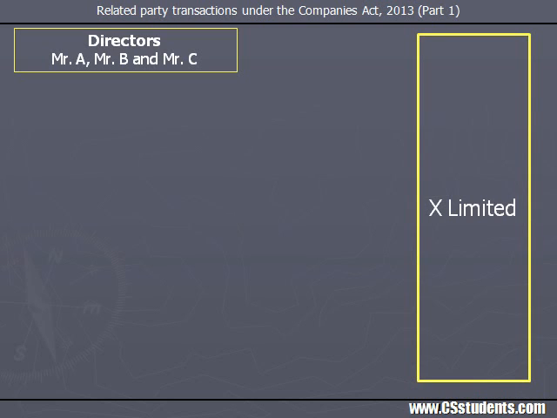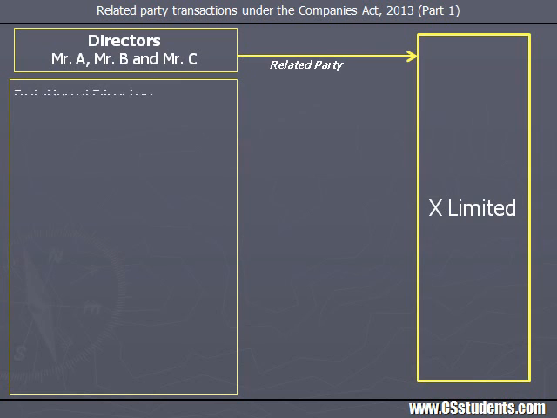So, as per the definition, with regard to X Limited, all the directors Mr. A, Mr. B and Mr. C are related parties. The definition also provides that all the relatives of Mr. A, Mr. B, and Mr. C are going to be related parties with respect to X Limited.